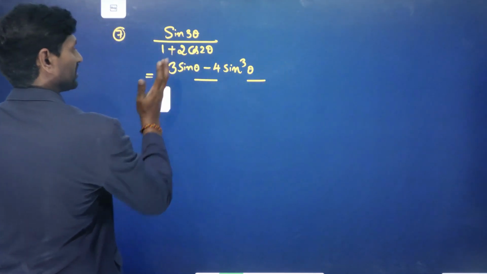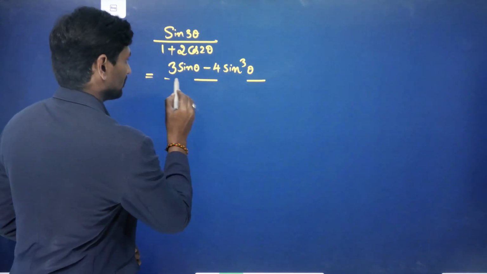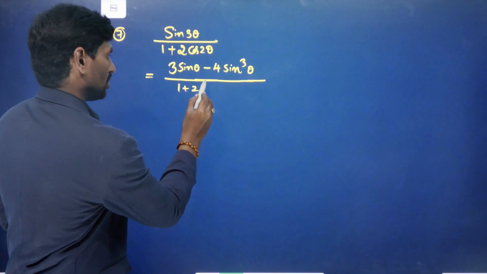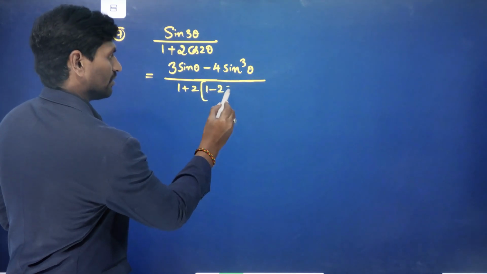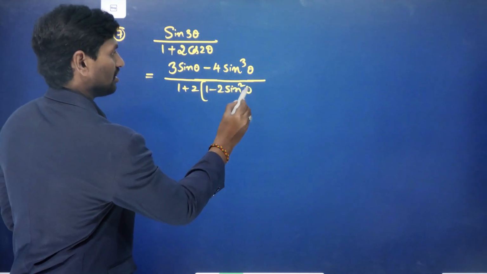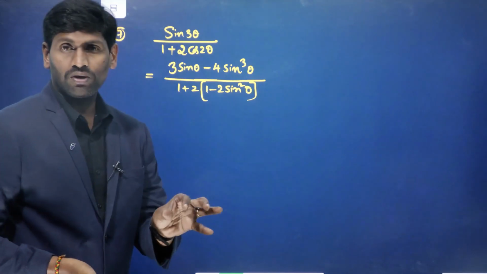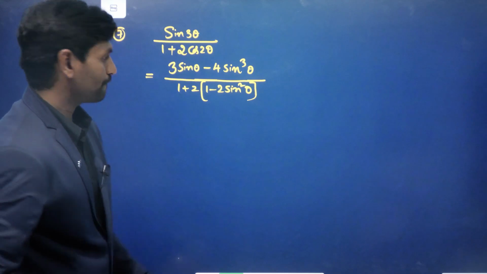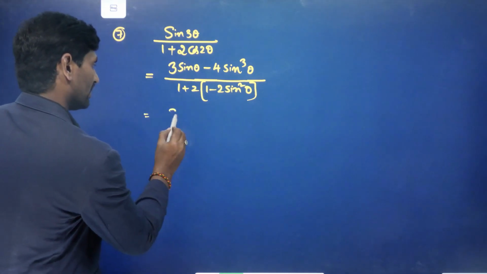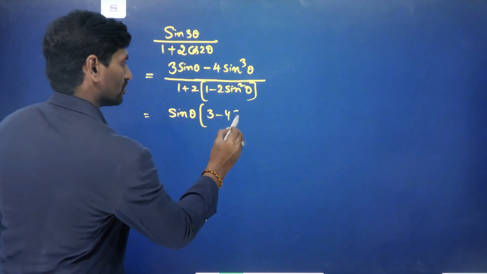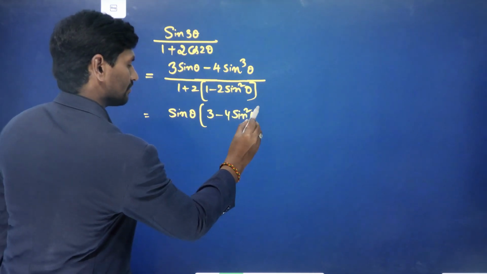This formula I am just changing here: 1 plus 2 cos 2 theta is nothing but 1 plus 2 into 1 minus 2 sin square theta. So in the numerator all are sines now, so try to write the denominator also in terms of sin. Again sin theta is common in the numerator, so 3 minus 4 sin square theta remains.